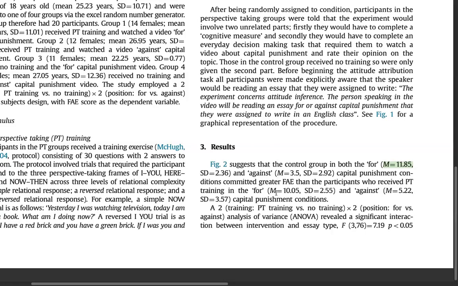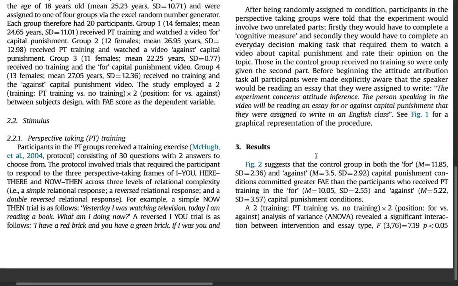And then in this one, those who received the training only rated as a 10, they're saying that this 10 is less extreme. That's a less extreme rating. So that's where this gets tricky, and you have to really go back between those sections and make sure you're understanding what they're doing there.